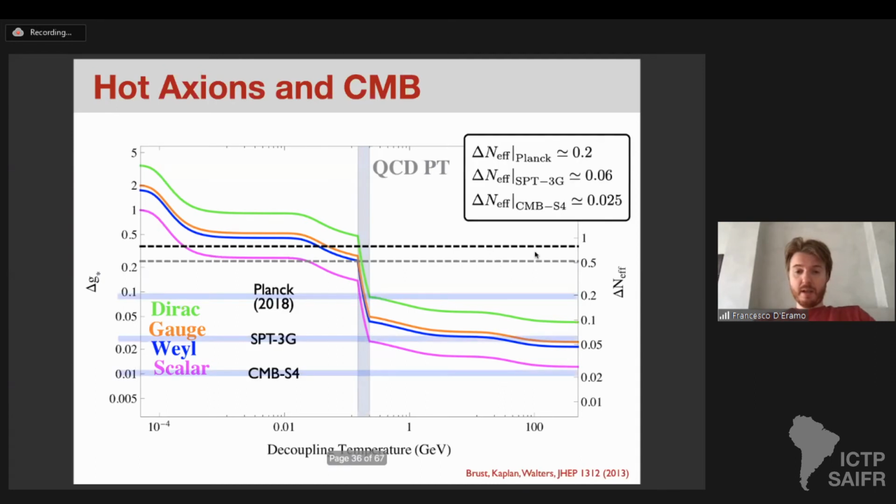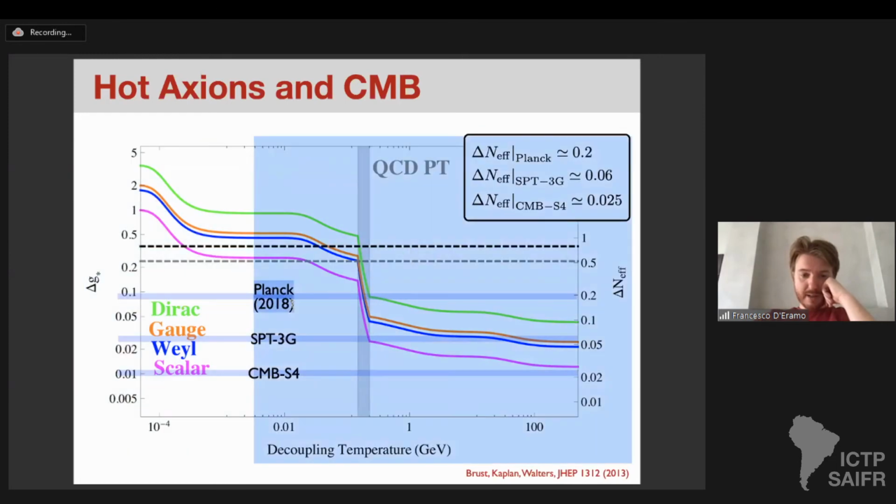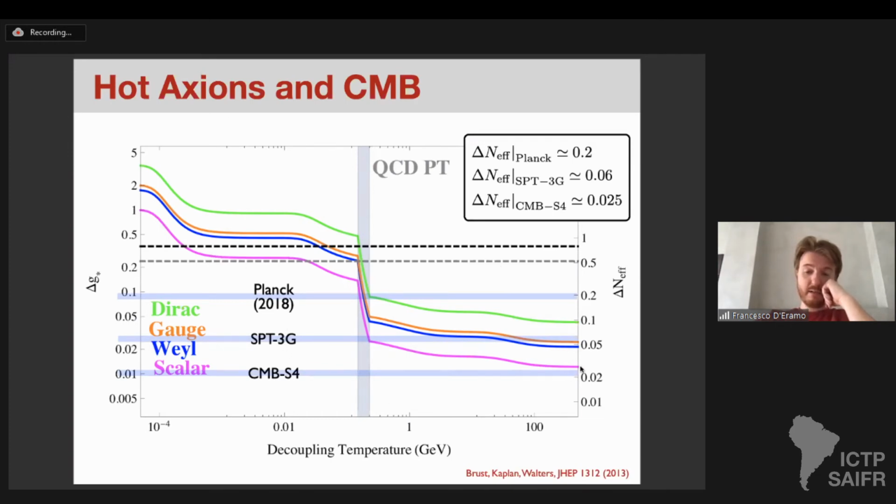Okay, it's interesting to compare this theoretical prediction with data. 0.2 is the current sensitivity of the experiments, but in the next stage of CMB surveys, you can get as low as this value here, this band here.